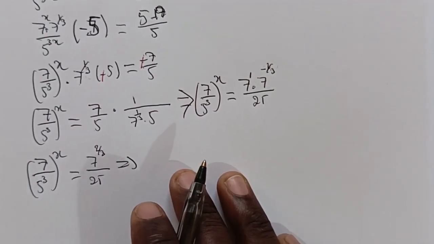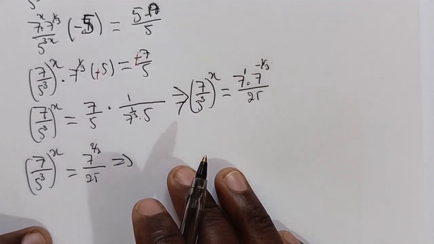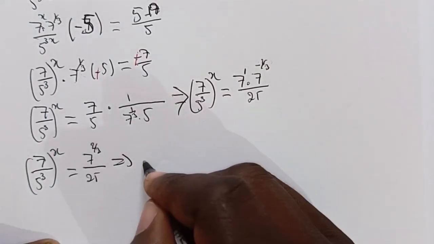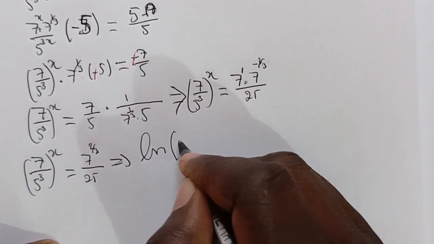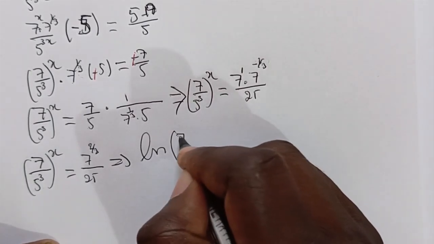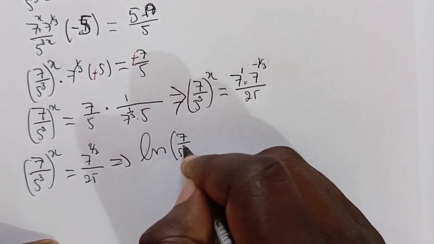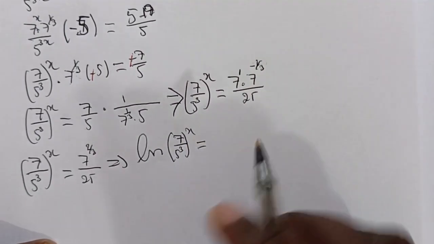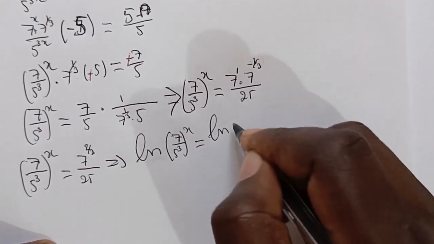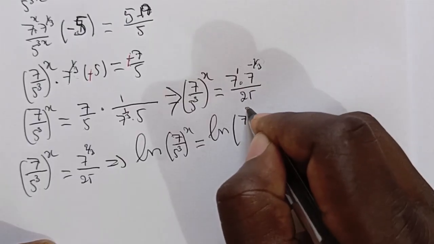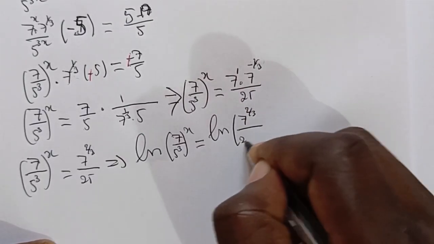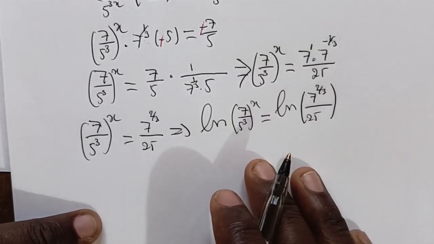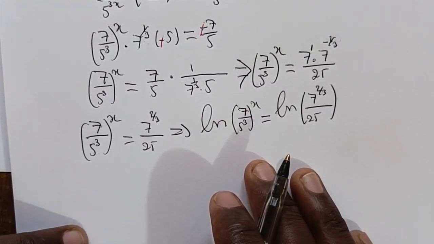To solve for x, guys, I'll take the natural log on both sides. That's why I'll have the natural log of 7 over 5 to the power of 3 raised to x will be equal to the natural log of 7 raised to 2 over 3 by 25. Remember, 25 is 5 power 2.